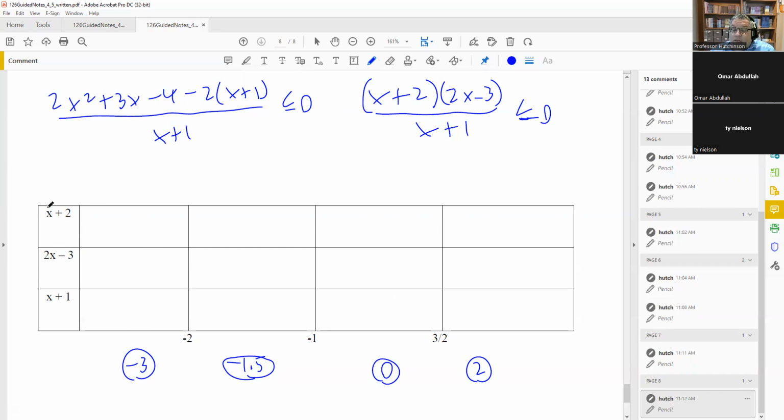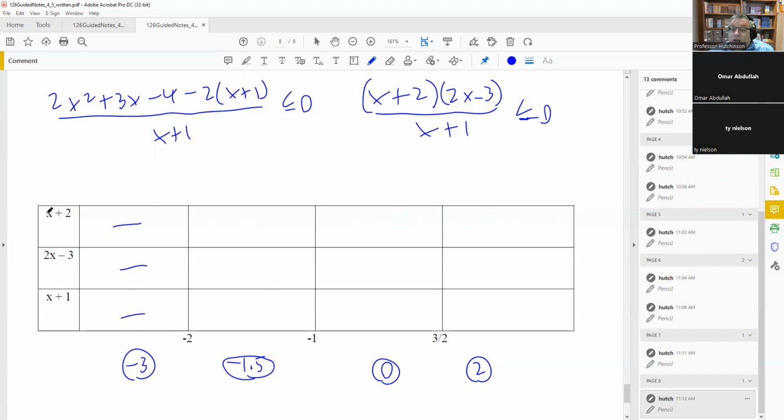-3 plus 2 is a negative. 2 times -3 is -6. Minus 3 is negative. -3 plus 1 is negative.